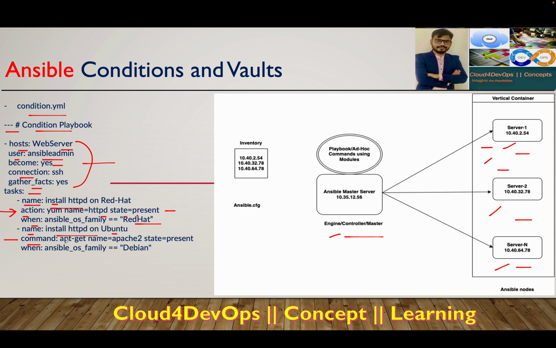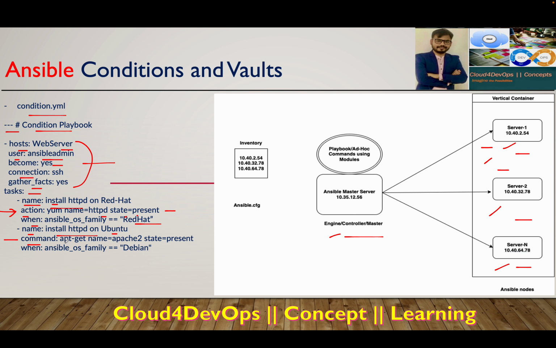Now let's say if I don't give when Ansible family member is equal to Debian, will it install? No, it will not, because the first condition is saying Ansible OS family is equal to Red Hat, then only install Apache. I'm not mentioning anything over here. Or let's say if you have not mentioned the condition over here, then what it will do, it will go ahead and whatever servers you have mentioned in your inventory, it will try to install on each server.